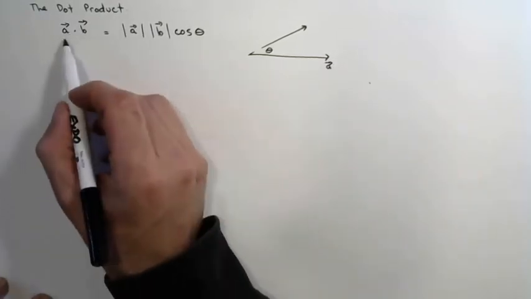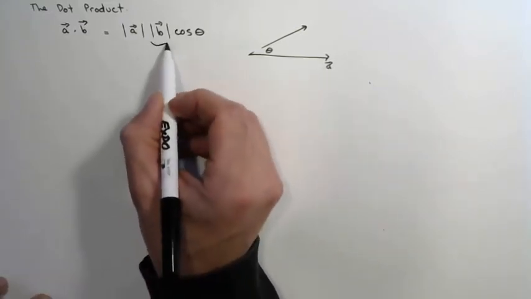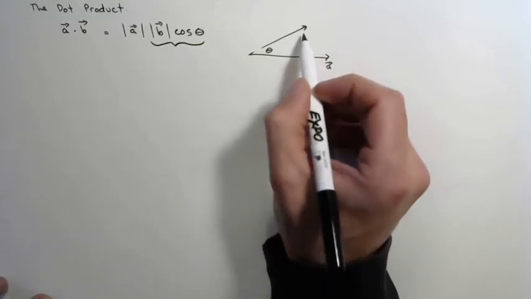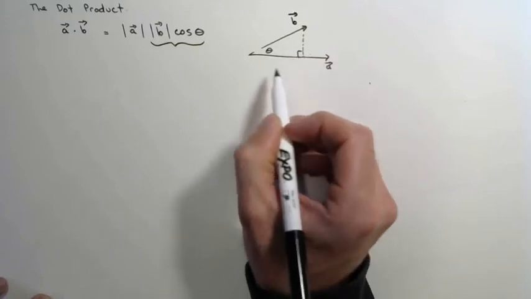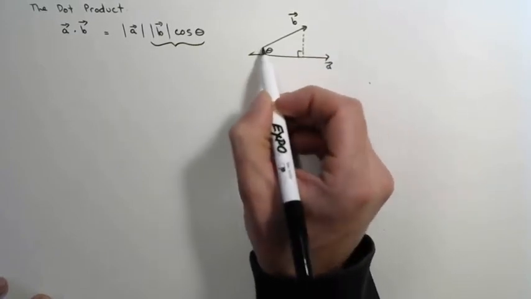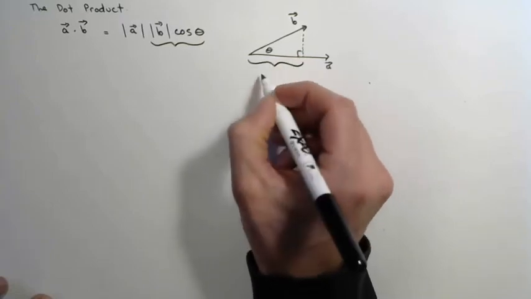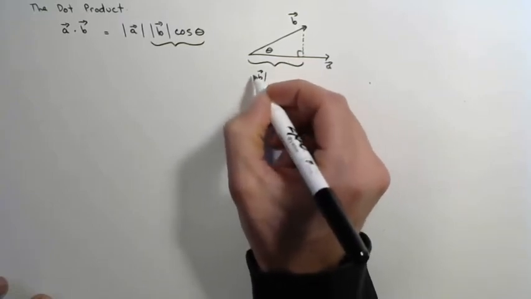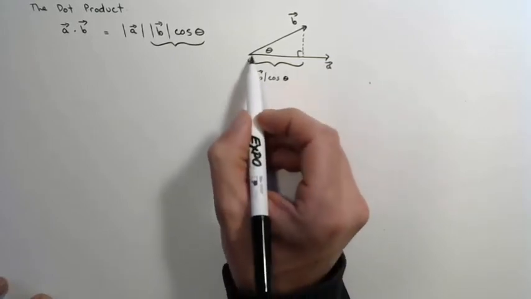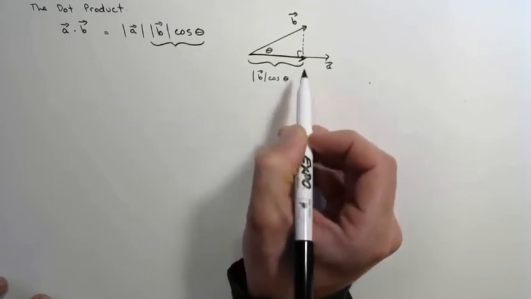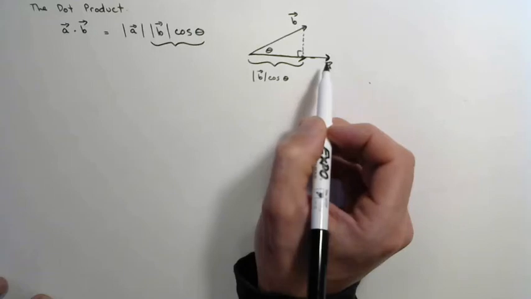So the first vector indicates the direction of motion, and this part is the component vector of B that's in the same direction as motion. So this part right here is the magnitude of B times the cosine of theta, and all we're doing is taking this vector and multiplying it by this vector. That is called the dot product.